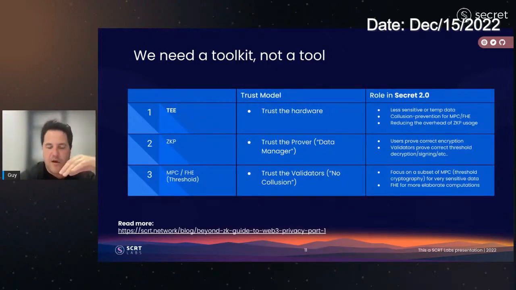And on a very high level, just so people get the basics of why you can't use a single solution. So we already touched on zero knowledge proofs. We already said that if you have more than one user, then you have to trust some data manager to see all the data, which is not a desired situation. And when you use trusted execution environments, which everyone knows is what Secret currently uses today, I do still think that for many use cases it's fine.